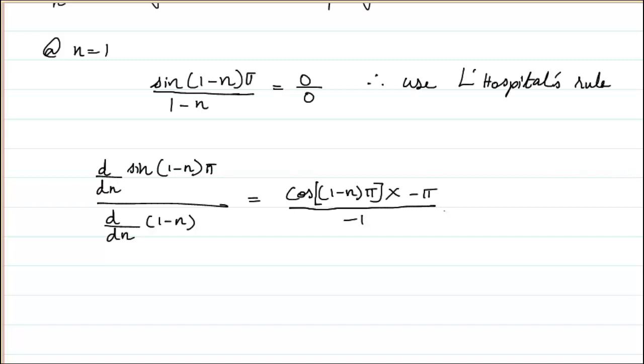Therefore at n is equal to 1, what we are having is cos of 0 into minus pi divided by minus 1, cos of 0 is again 1, so this turns out to be pi.